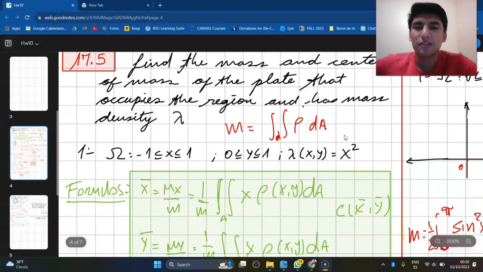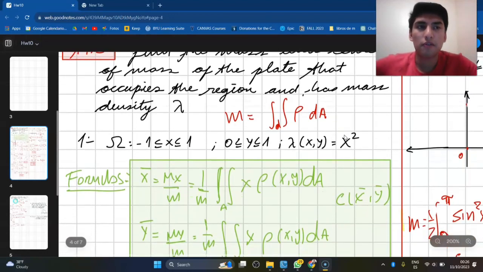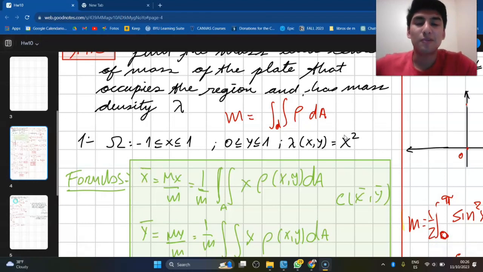First we have three formulas. The first formula is for the mass. What we're going to do is just grab the density function and put that inside a double integral.